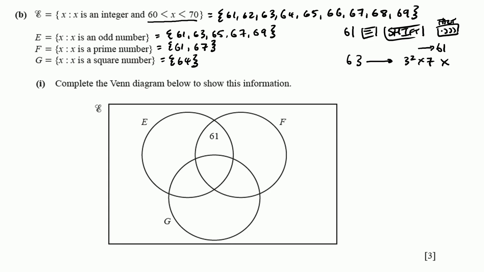So this is quite difficult in terms of testing your numeracy and your vocabulary of inequalities and integers and all the rest of it. Now we must complete the Venn diagram below to show this information. Starting with 61, they've already done that for me.